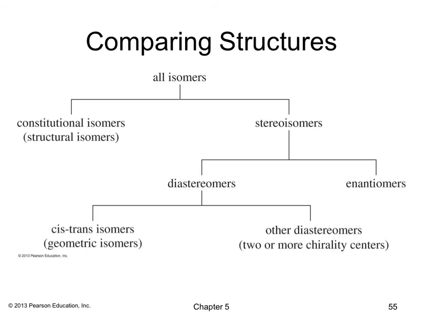You have enantiomers, which are mirror images but non-superimposable, and then you have diastereomers, which are non-mirror images and non-superimposable. Under diastereomers, you can have cis-trans isomers or geometric isomers, or you can have other diastereomers where you have two or more chirality centers.